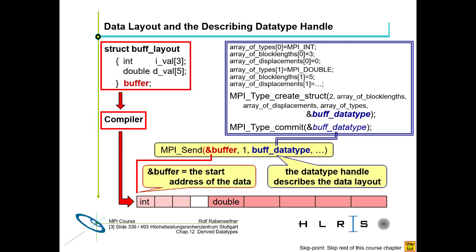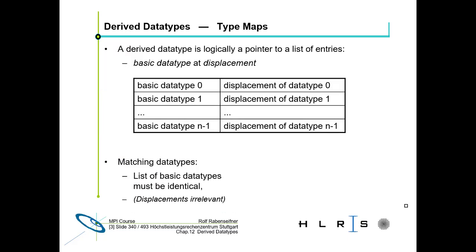Once we've created the type, we have to commit it. This can be done with MPI type commit of the address of the buffer data type. A derived data type is logically a pointer to a list of entries: basic data type 0 at displacement 0, basic data type 1 at displacement 1, and so on.